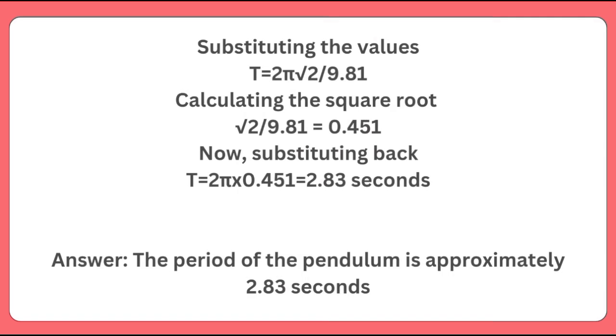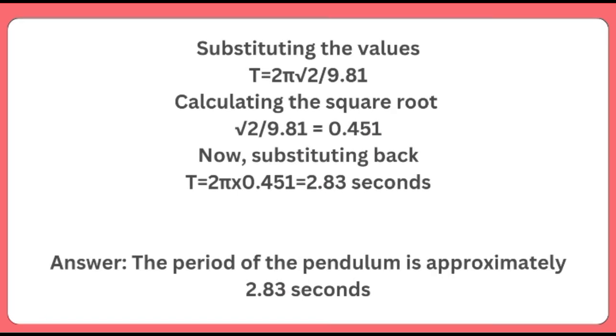Now let us substitute the values. T equals 2 pi the square root of 2 over 9.81. The next step is to calculate the square root. The square root of 2 over 9.81 is equal to 0.451. Now let us substitute back.